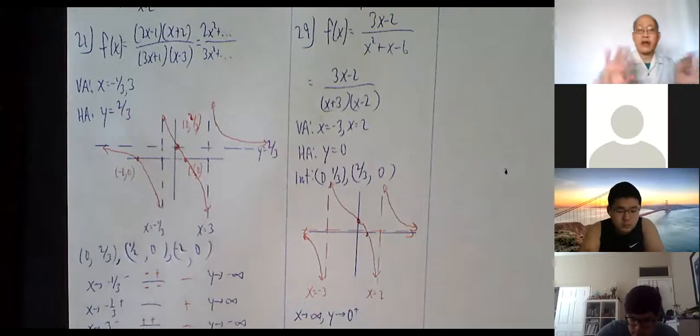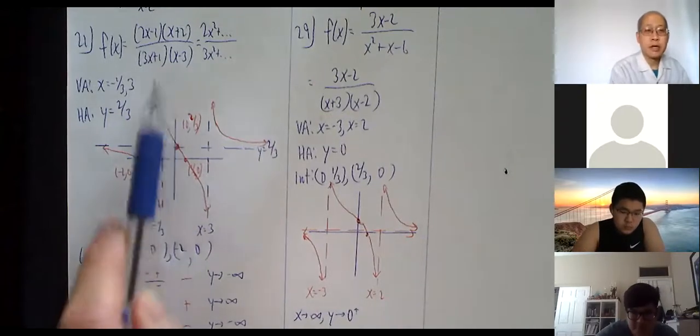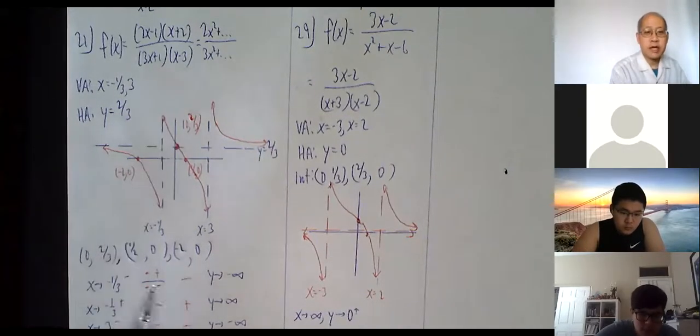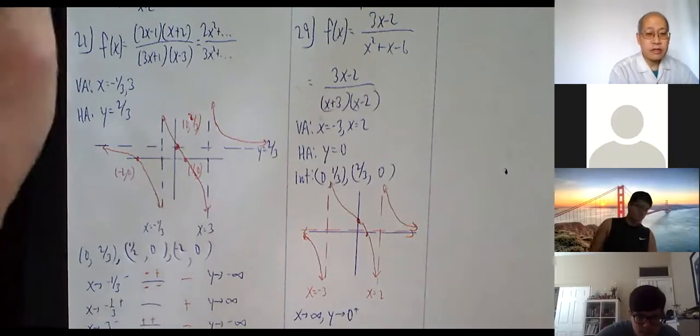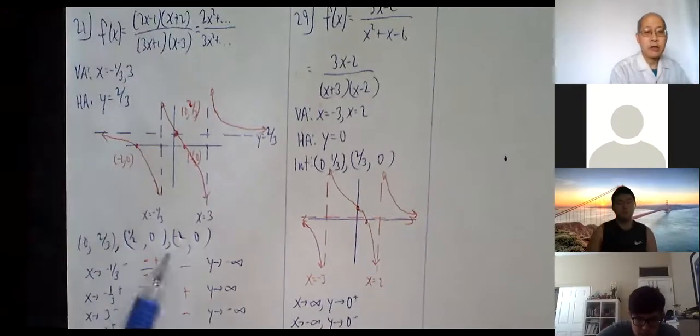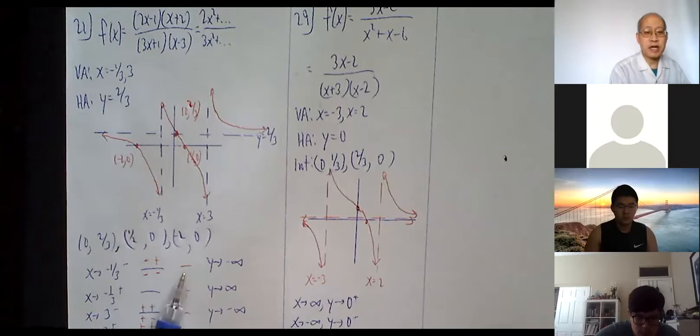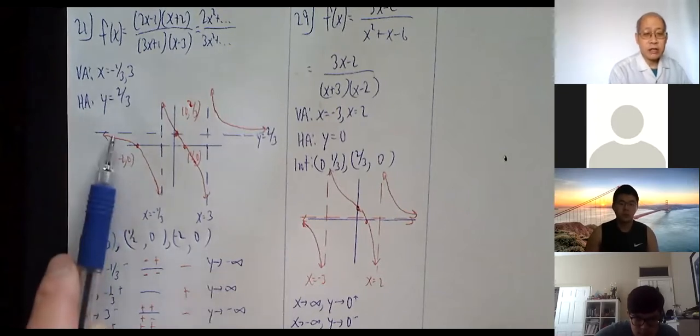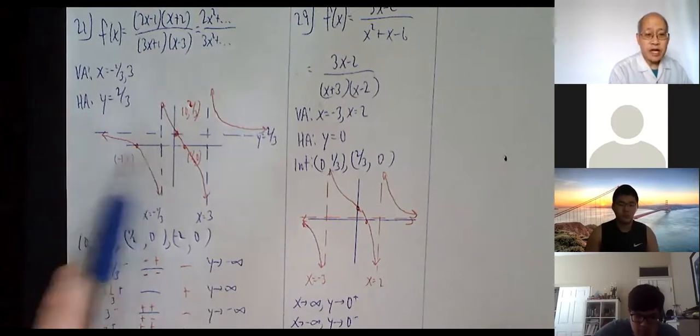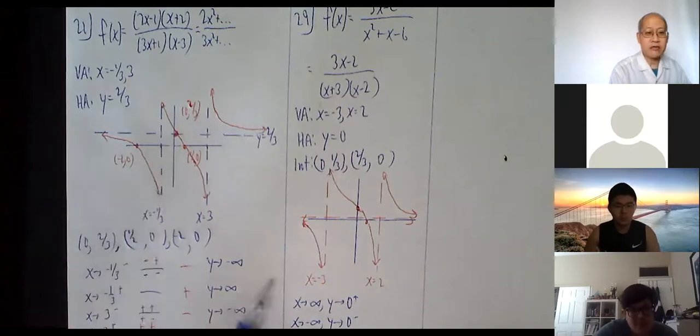Okay, I don't care about the exact value. I just want the sign. -1 minus 3 is a negative. All right, so I have 1, 2, 3 negatives. 3 negatives means the whole thing is negative. So that means y approaches -infinity. So if I come on the left side to -1/3, it drops to -infinity.